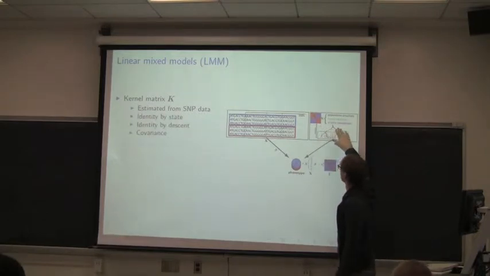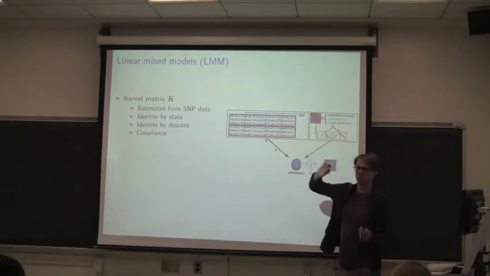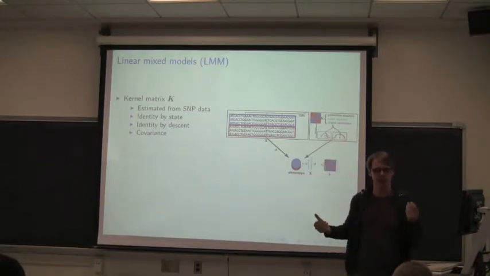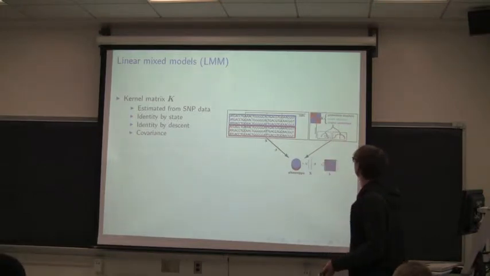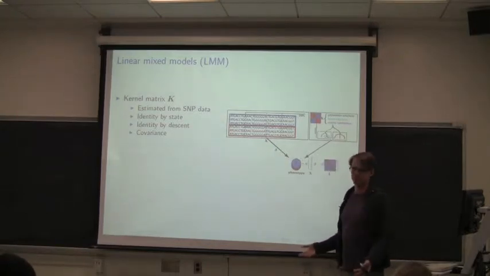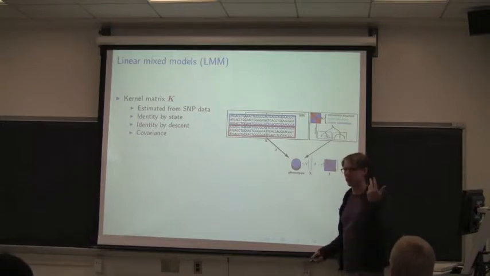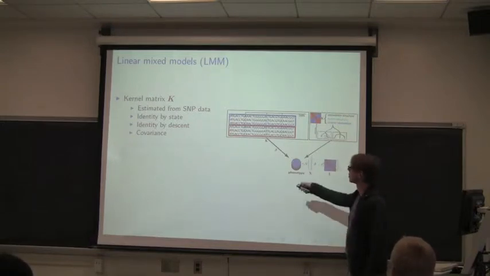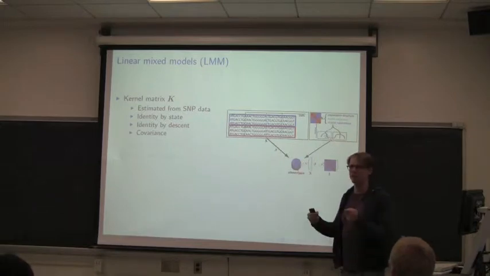If two individuals are very similar, they have a high value in it, and if they are dissimilar, they have a low value. It's a covariance matrix, so a high value means a large covariance. It's estimated from SNP data, so it's basically a covariance in the genetics.